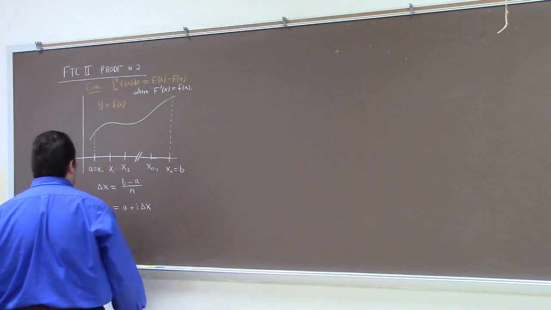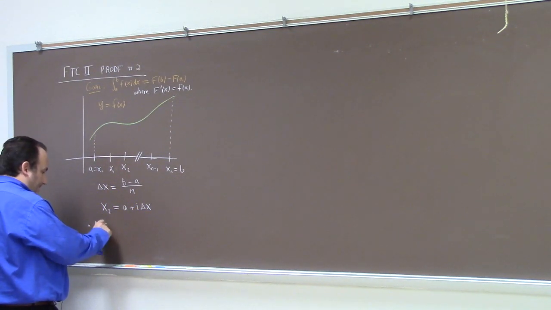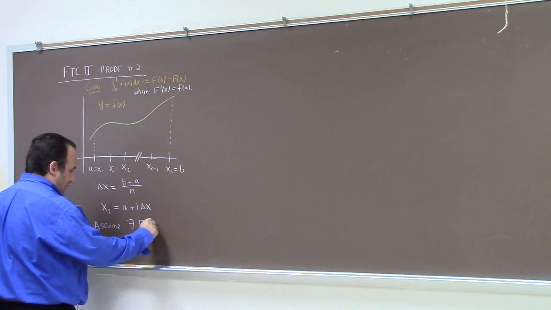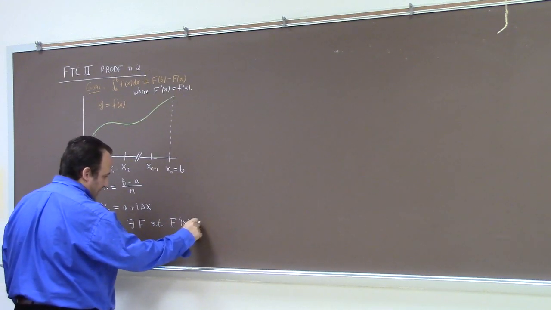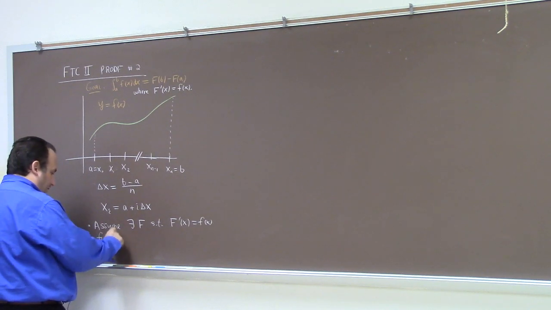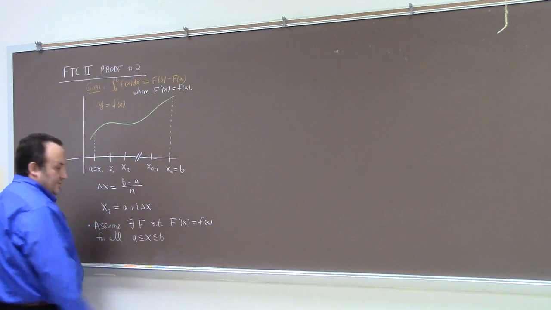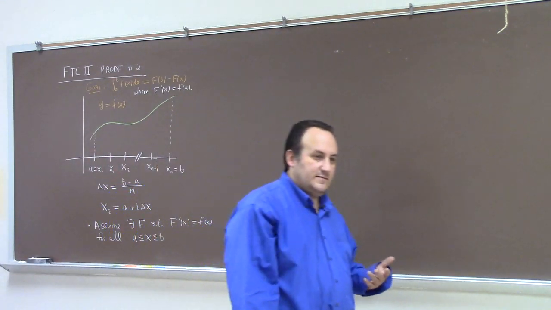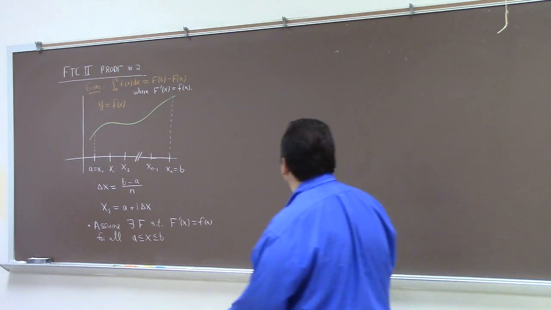But for the purposes of this proof, I'm just going to assume that there exists big F such that F prime of x is equal to little f of x for all a less than or equal to x less than or equal to b. So I'm assuming that the antiderivative of little f exists. It's big F, and what can you tell me about big F?